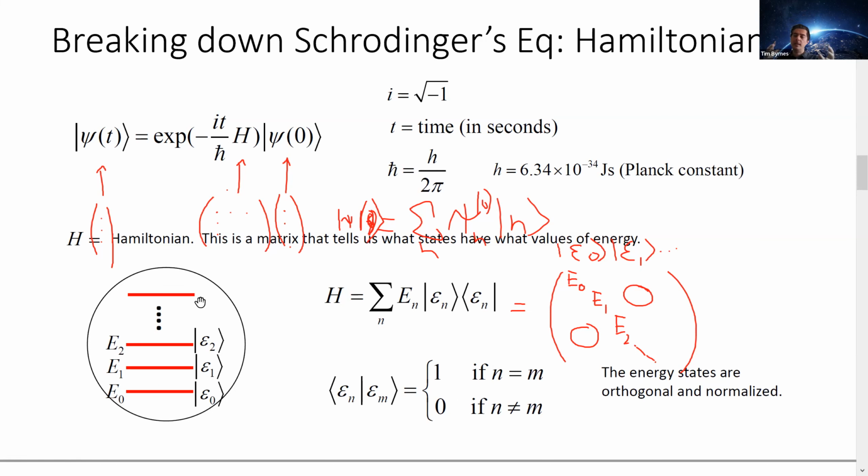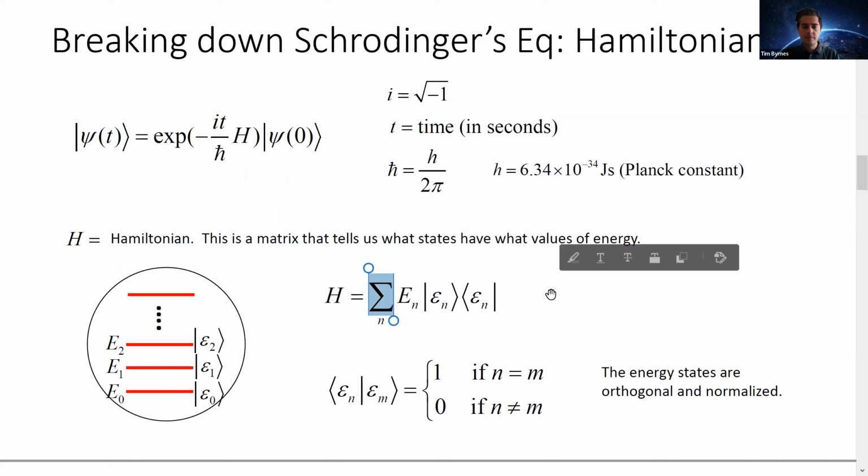This energy structure is the information you need to provide to specify the physical conditions that will tell you how this state is going to evolve. Okay. It's probably sounding a bit too abstract at this point.